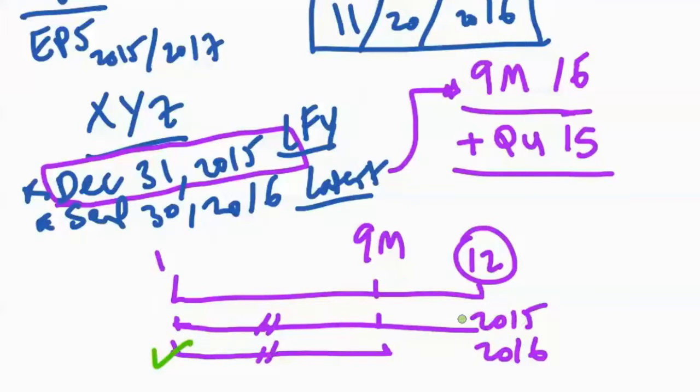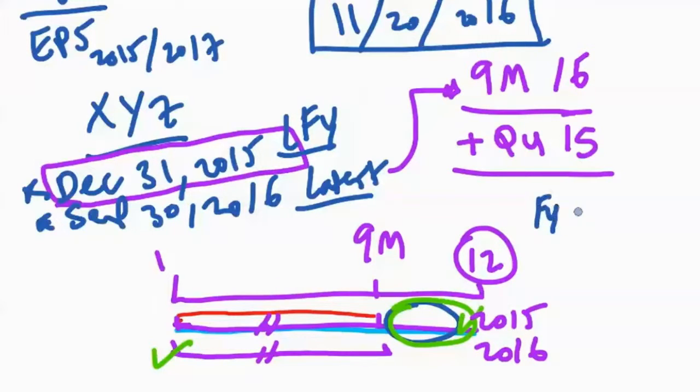Okay, so just by visualizing this on the timeline, all you need to get the fourth quarter of 2015 is to subtract from the full year for 2015. So you have the earnings for 2015 as fiscal year. Then you subtract from that the 9 months earnings for 2015, and this is available in the comparable numbers in the 9 months results for 2016.